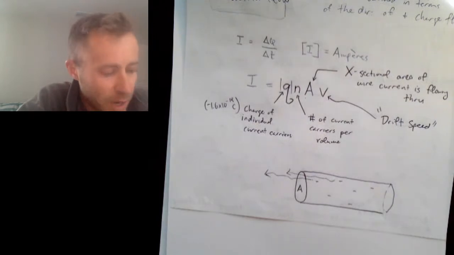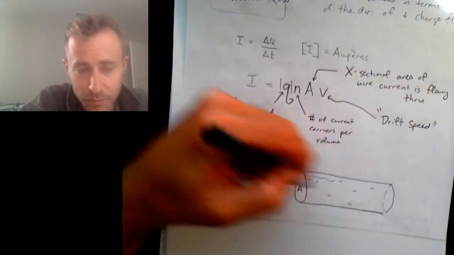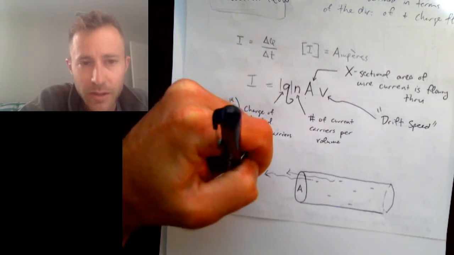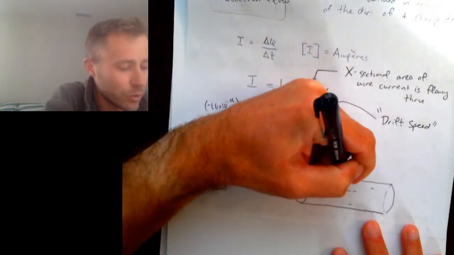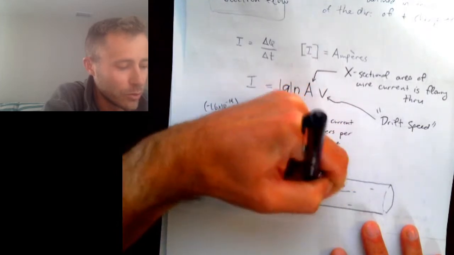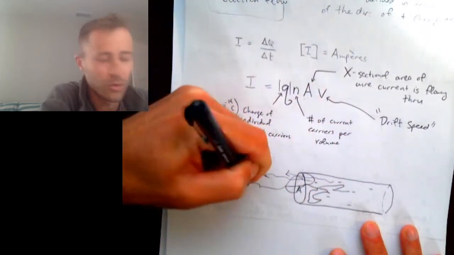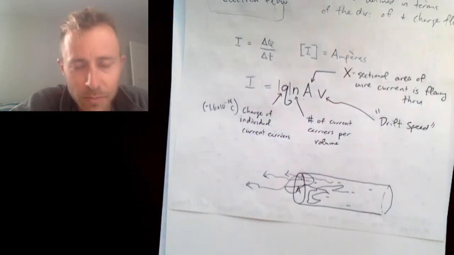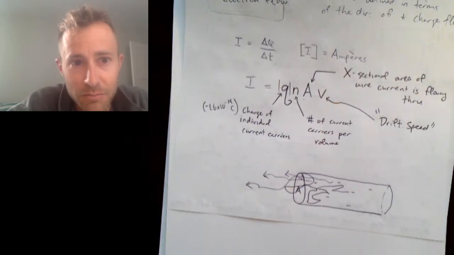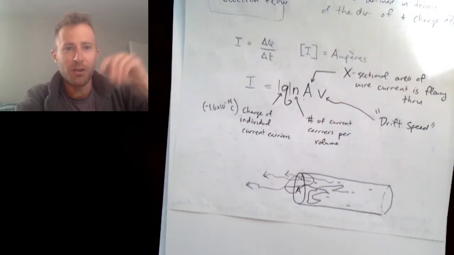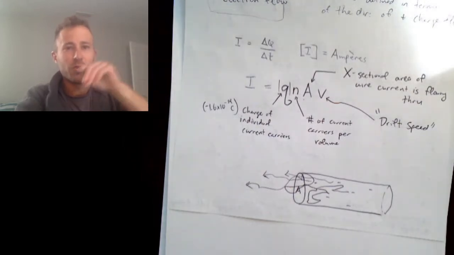That is because as the electron is moving down the wire, it doesn't just go in a straight line. It's bumping into stuff. The electrons are actually going really fast, but they don't really make very much progress because they're bumping into stuff so often.